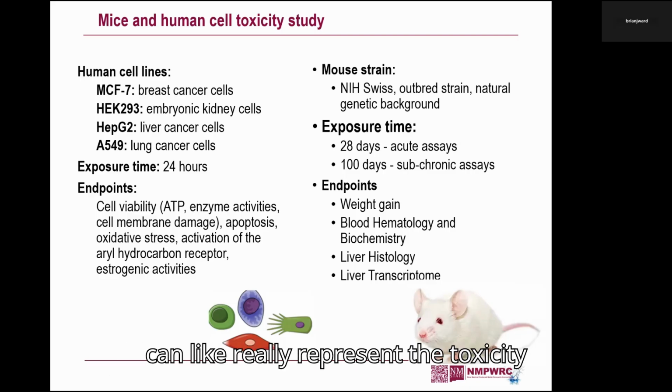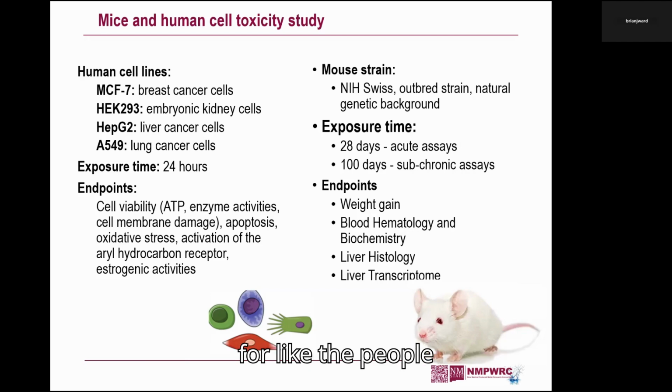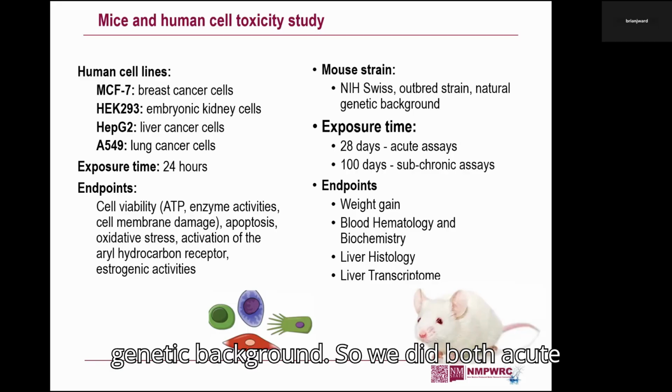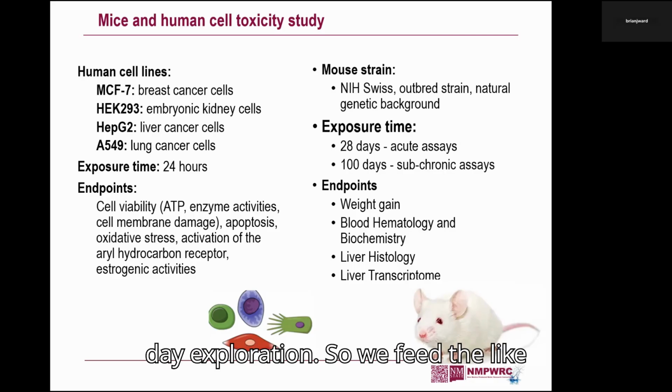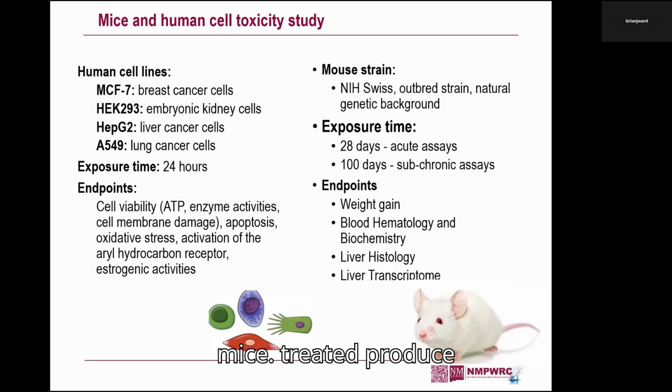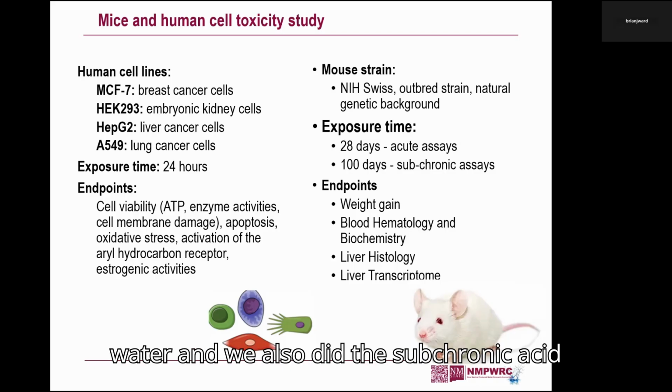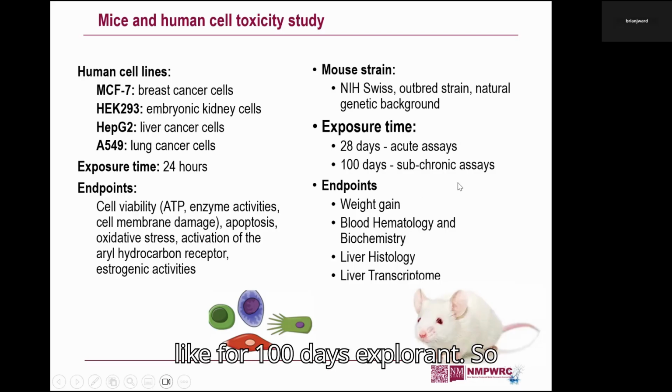So it can really represent the toxicity for people with diverse genetic backgrounds. We did both acute assays and a 28-day exposure, where we feed mice treated produced water, and we also did a subchronic assay with 100 days of exposure.